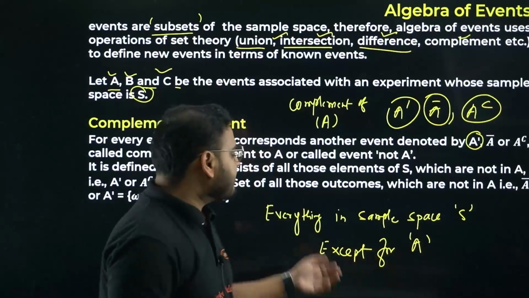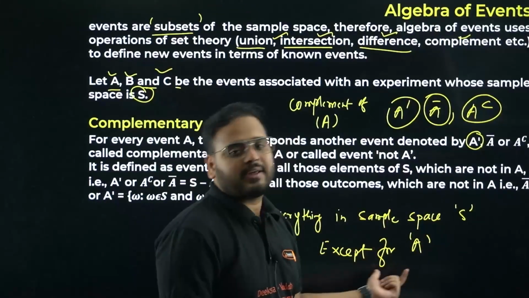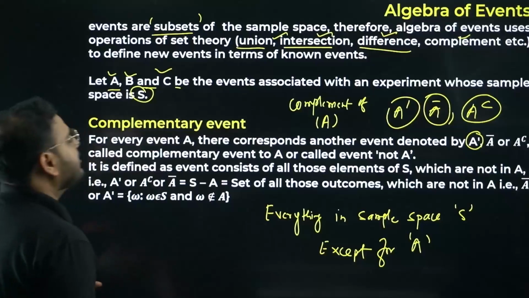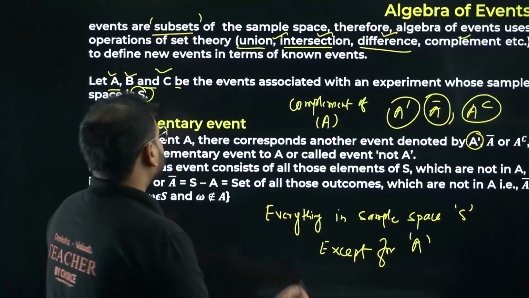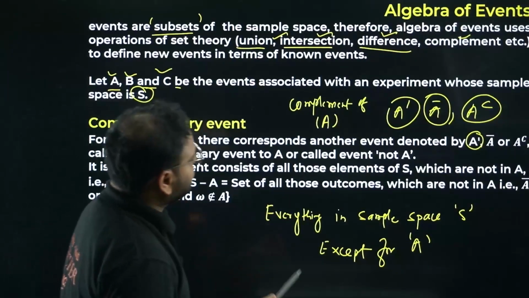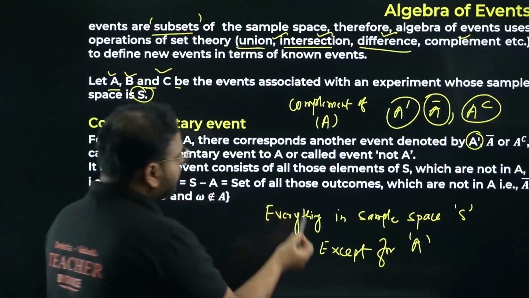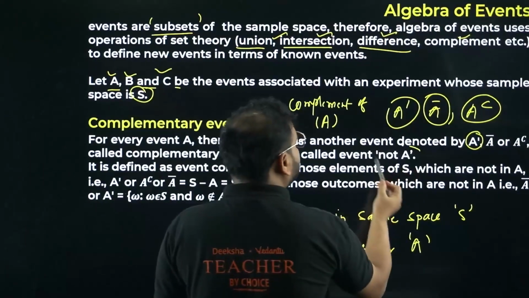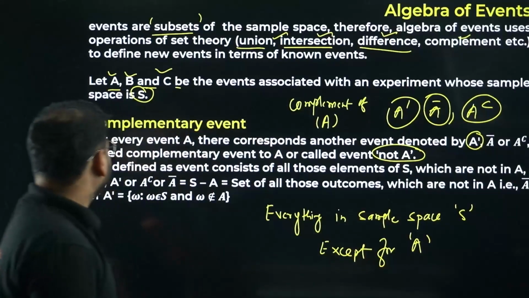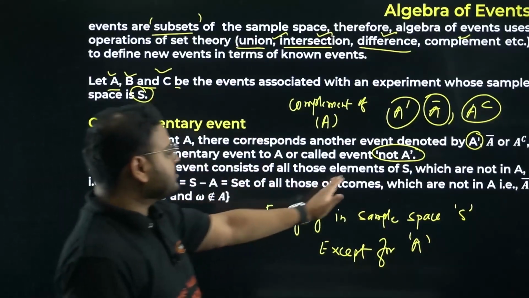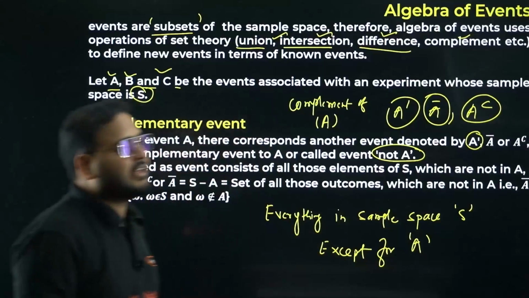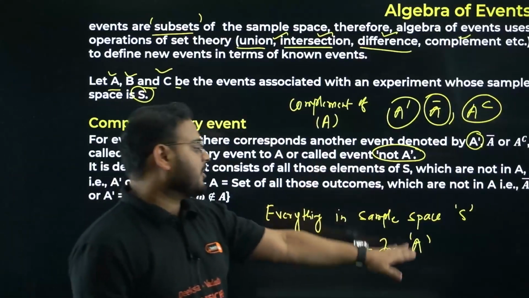We know that. So everything in the sample space S except for A. That's the definition of your complementary event. Please check. For the corresponding event denoted by A, A C is called the complementary event to A, or event not A. It is defined as the event consisting of all those elements of S which are not in A.